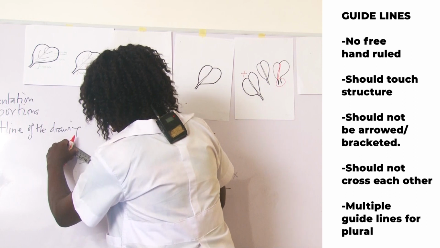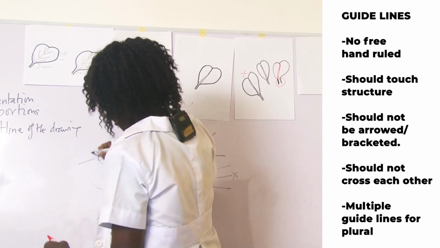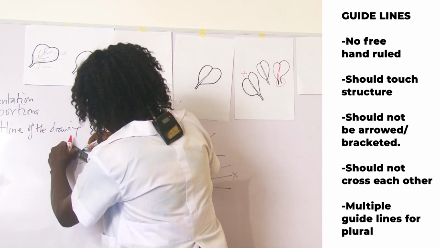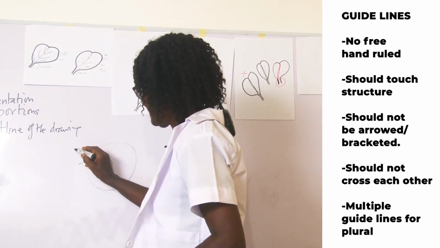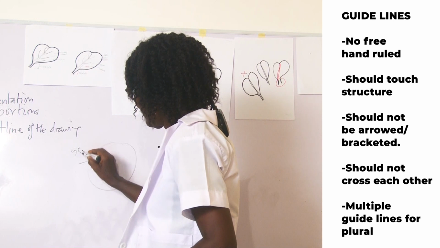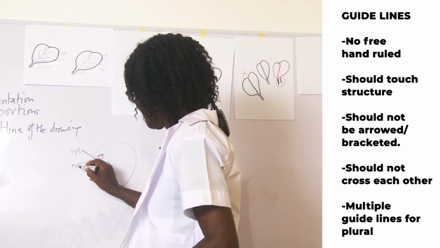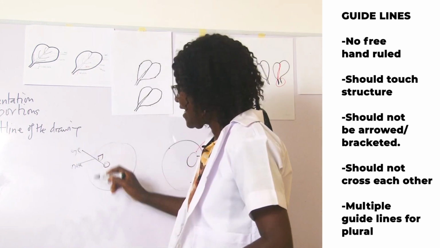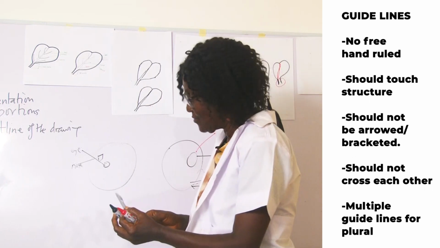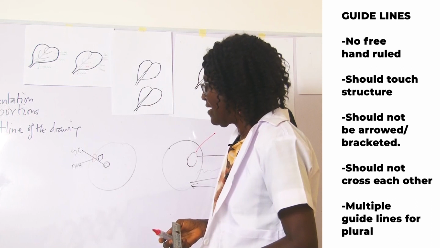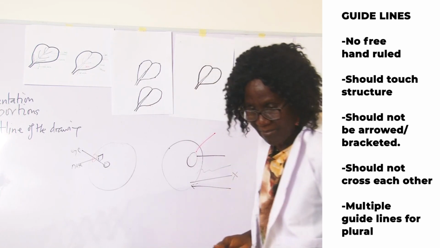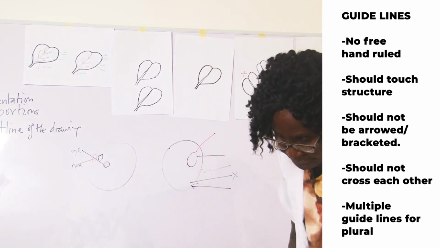I do another guideline here, and another guideline here, and I put down my label. And these two, I said this is an eye, and this is nose. And these guidelines are crossing. The guidelines must not cross. No guidelines must cross, so it makes it wrong. The guidelines must not cross each other.